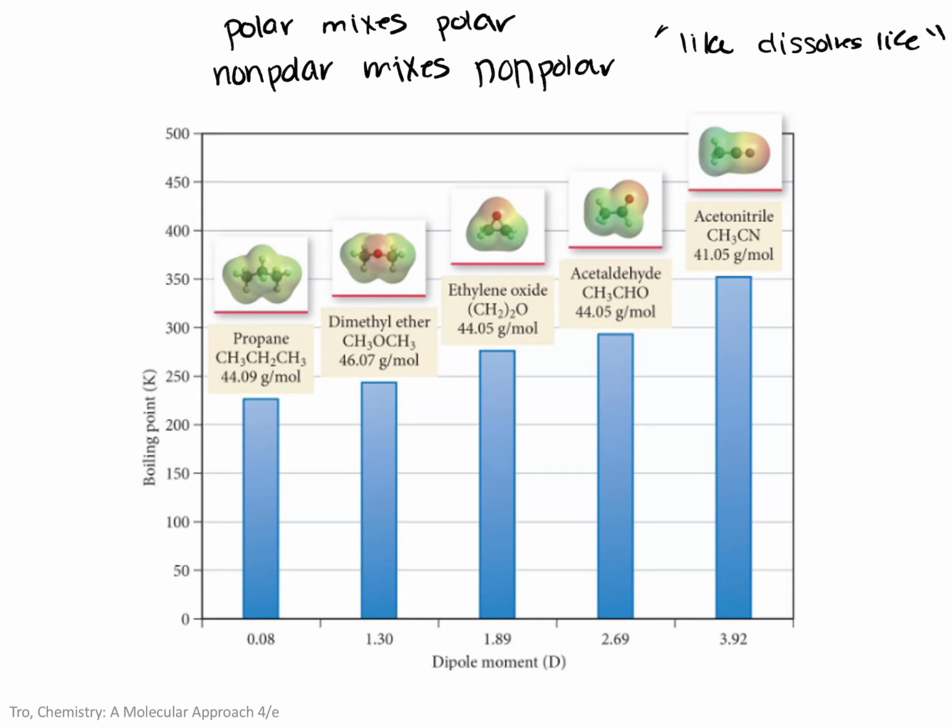Oily hands or oily stains on clothes cannot be washed off with plain water. So if you get oil on your clothes, it doesn't matter how much you wash it, it does not go off, because water is polar and oil is nonpolar. So like dissolves like: nonpolar will dissolve in nonpolar, and polar will dissolve in polar.